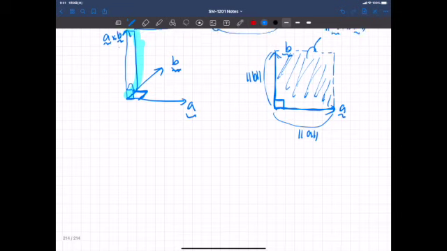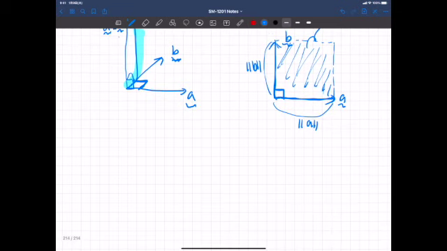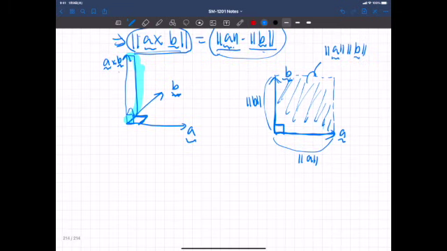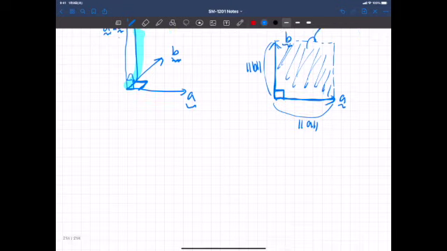So naturally, we want to extend this result to the case where this angle is not the right angle. For example, what if we have something like this, A and B? Then we have a cross product.